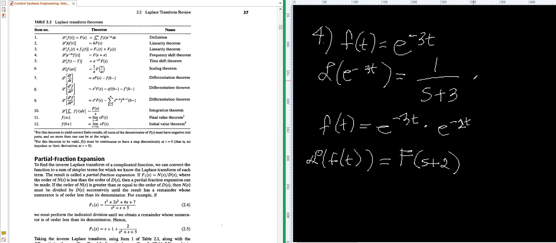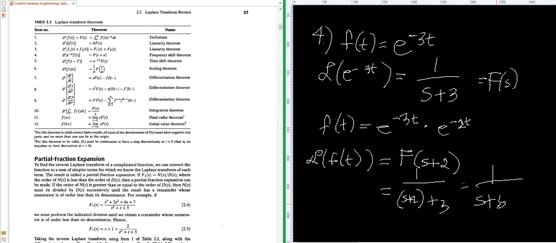If this is your F(s), what does this mean? It means your s is shifted by plus 2. In this case, in 1 over s plus 3, you replace s with s plus 2, so it becomes s plus 2 plus 3, which is 1 over s plus 5.